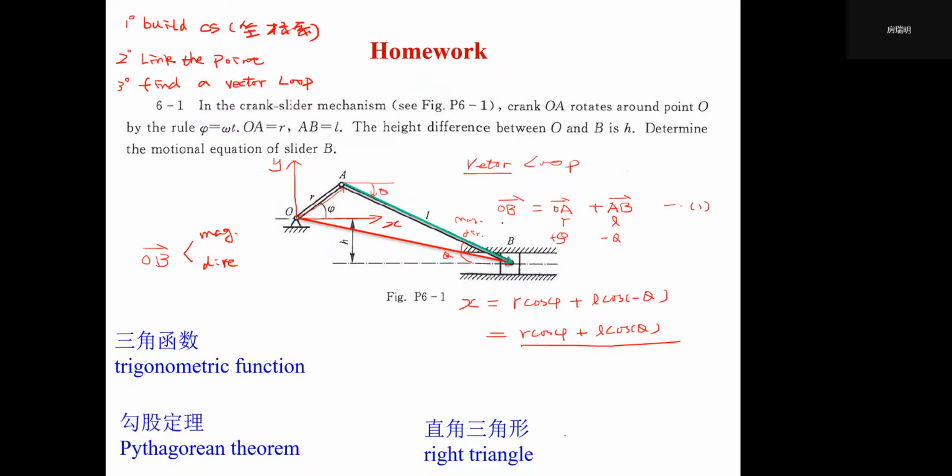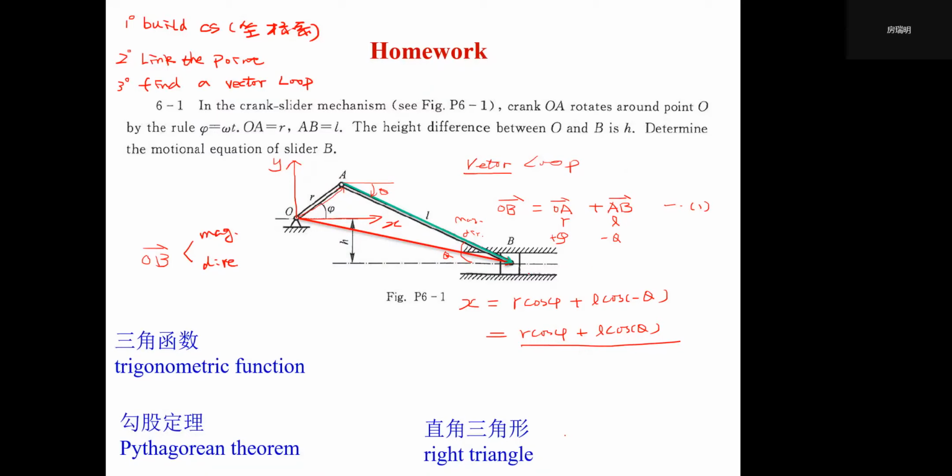Then we'll get xB and yB, right? Actually, in this problem, we only need to project this vector equation onto the x-axis, because we only try to figure out the x(t) of B, because we know B always moves along the horizontal line, right? So its y will always be 0.